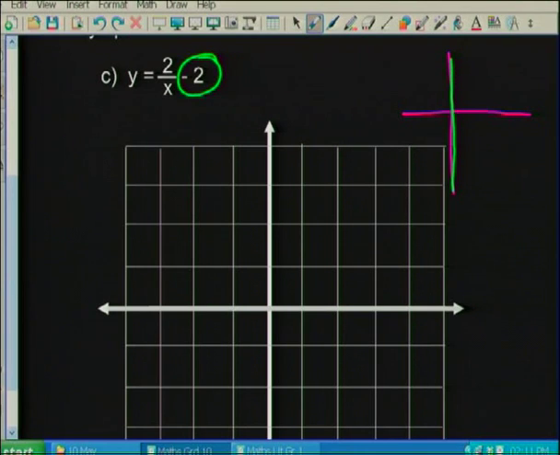Now, this minus 2 means that the graph has moved down 2, so at minus 2 I will have my horizontal asymptote. The value of a is positive, so the graph will lie predominantly there and over here.